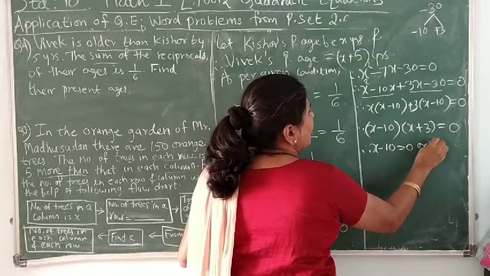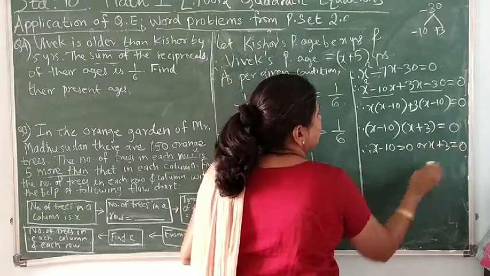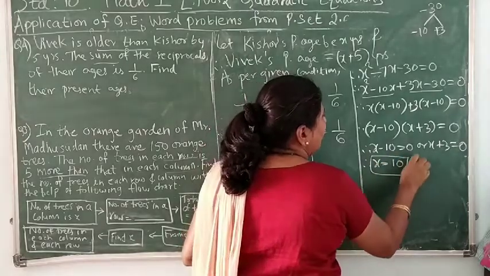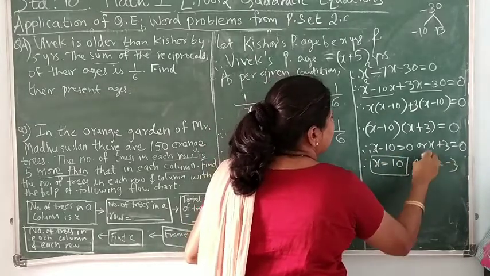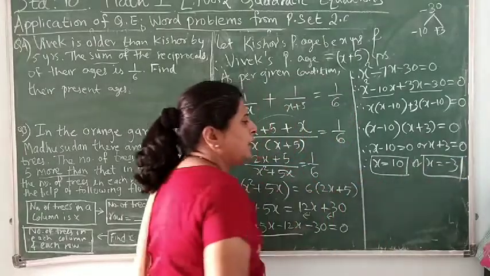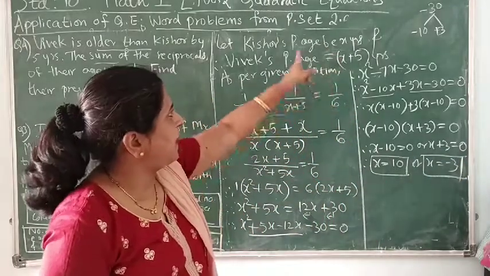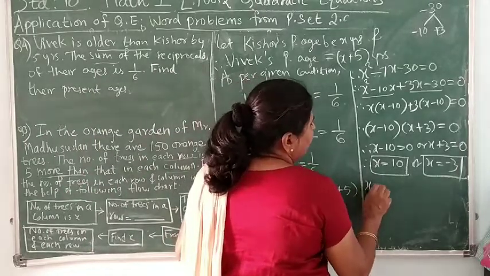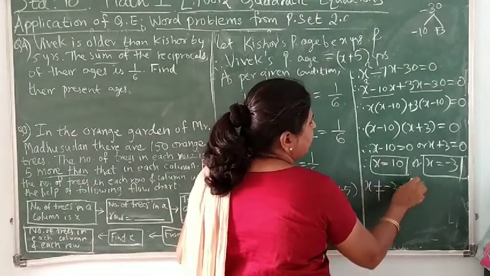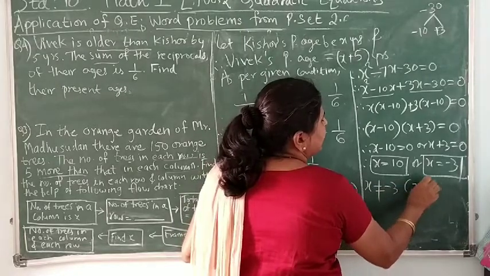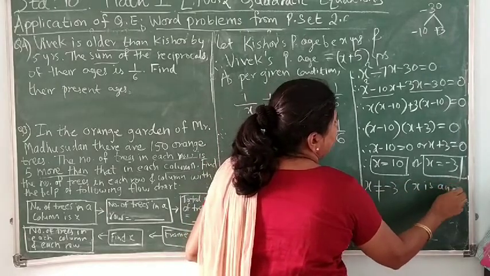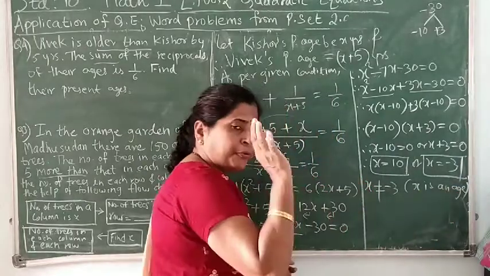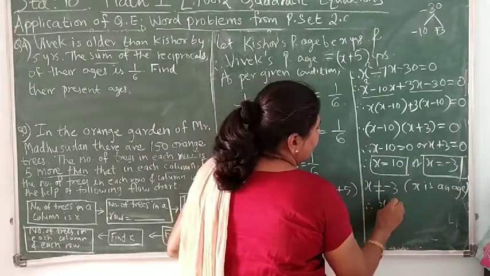Either x minus 10 is 0 or x plus 3 is equal to 0. Then x is going to be either plus 10 or minus 3. So we have got two values, but as x is an age and age cannot be negative, you can write like this also: x cannot be minus 3 as x is an age. And therefore x is equal to 10.